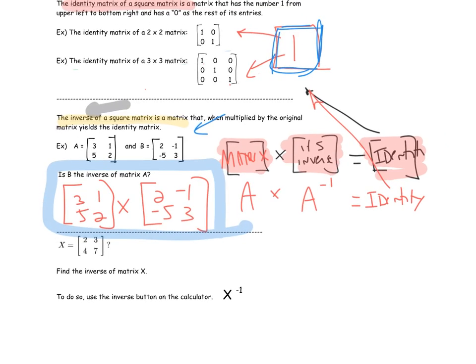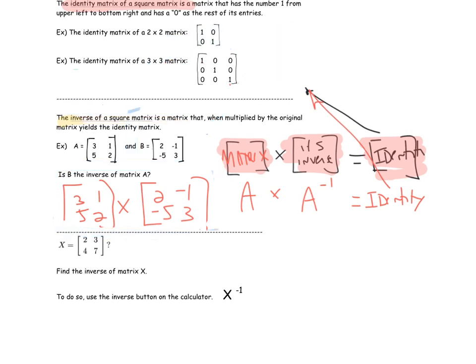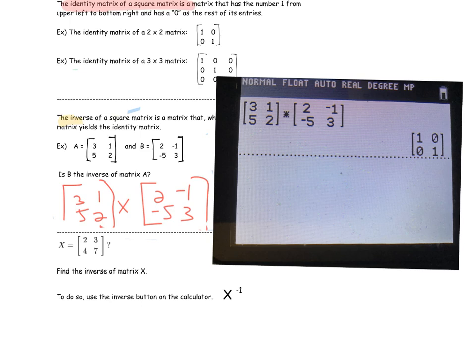If we're left with the identity of a 2 by 2 matrix, then matrix B is the inverse of matrix A. If we're not left with this identity matrix, then it's not the inverse. So enter that product onto your calculator. And notice here that the resulting product is the identity matrix. So is matrix B the inverse of matrix A? The answer is yes.